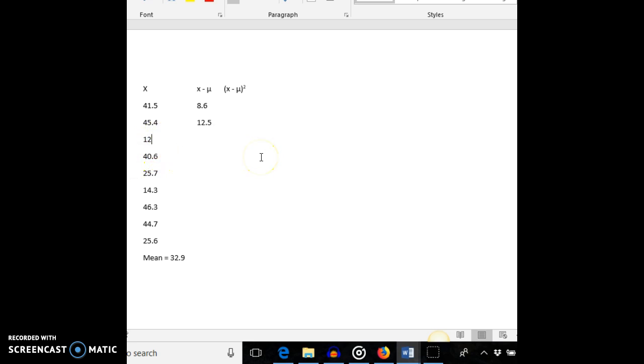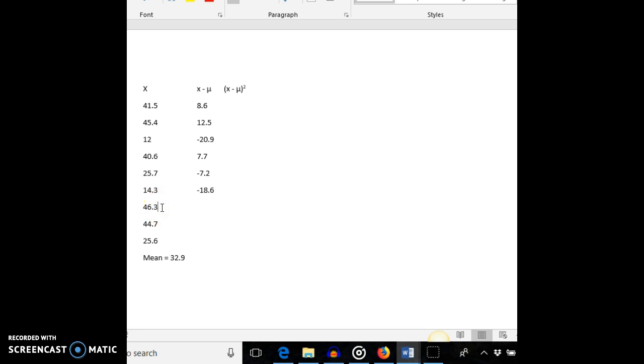And when we subtract our next piece of data, 12 minus 32.9, it's going to be negative. We're going to get negative 20.9. And when we subtract 40.6 minus 32.9, that gives us 7.7. And 25.7 minus 32.9 gives us negative 7.2. And 14.3 minus 32.9 gives us negative 18.6.